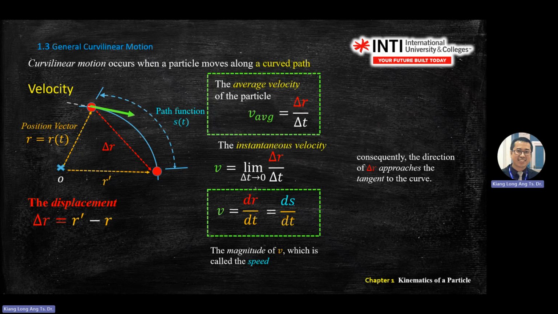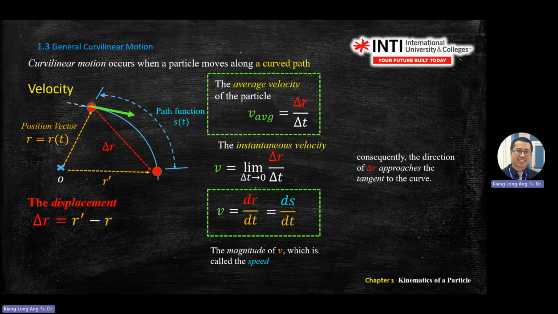So I put the ds here. It is because when we assume the section of the circle is very, very small, then previously you learned S equals R theta. So what does it mean?